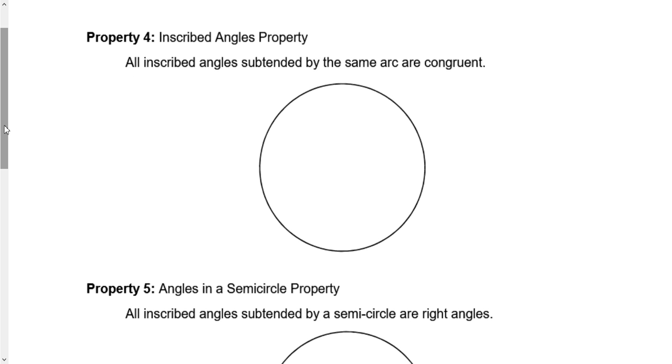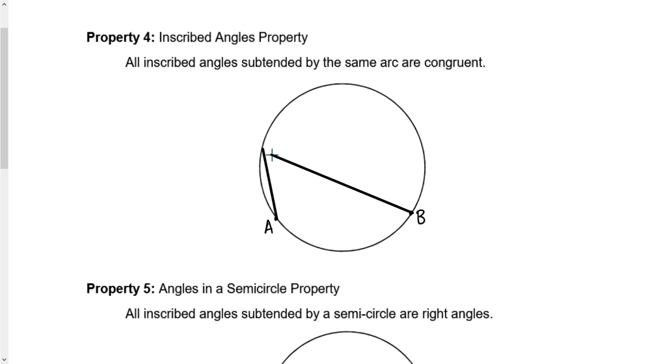The fourth property is the inscribed angles property. It states that all inscribed angles subtended by the same arc are congruent. So here's what that means. No matter what kind of arc you're using, it works really nicely with that last property talking about the central angle.